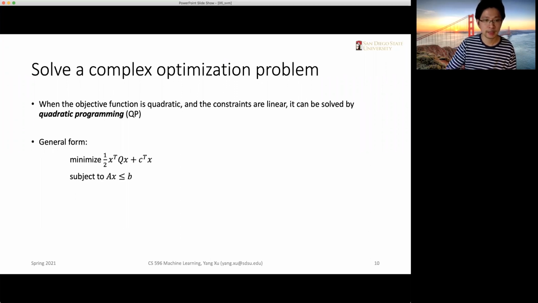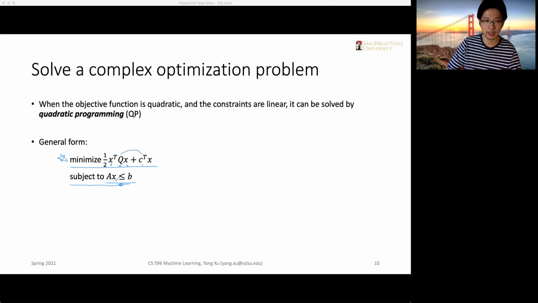So all we need to know is that the general form for the objective function is like this, right? In this case, the x are vectors, the Q is a matrix, and the c is also a constant. The Q and c are the constants. This is our target function we want to minimize, and we have a bunch of inequality constraints.